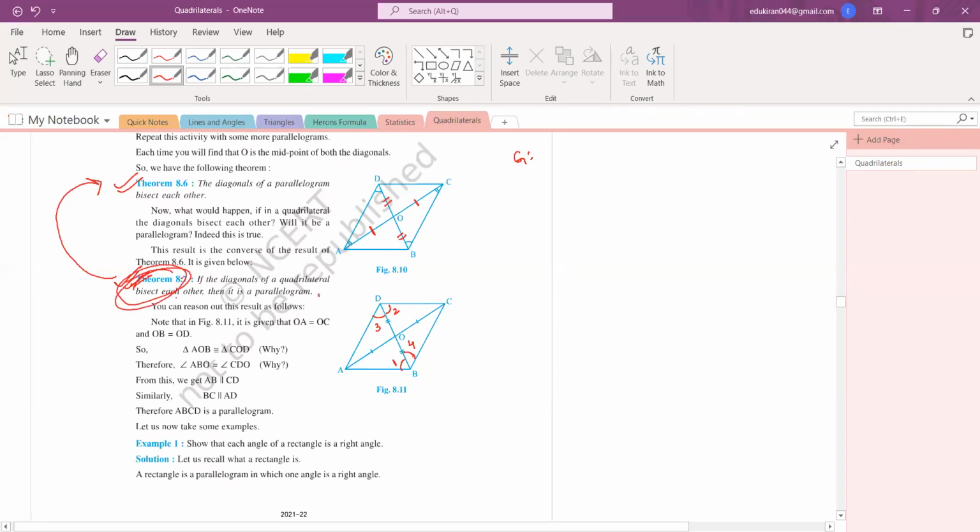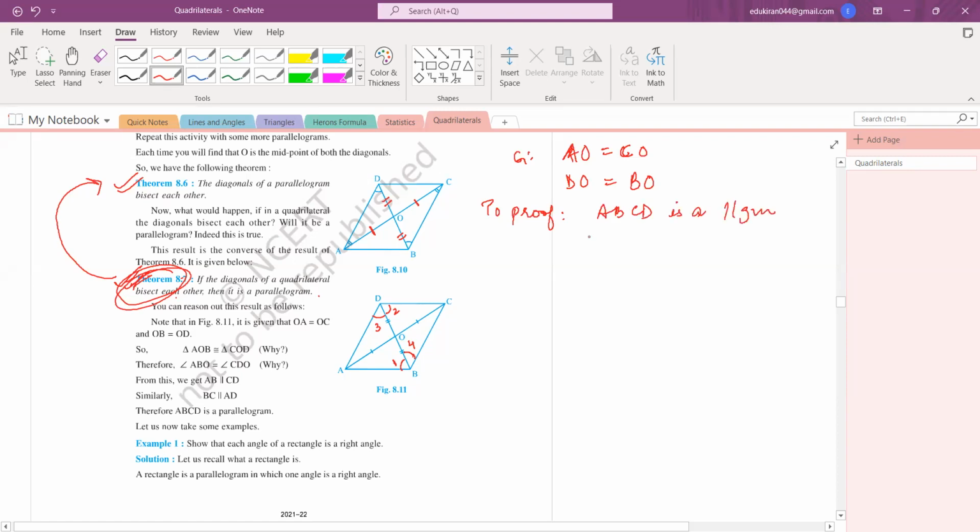It is not given that it is a parallelogram, but it is given that the diagonals bisect each other. That means it is given that AO is equal to CO, BO is equal to DO. This is already given. And what you have to prove, that ABCD is a parallelogram.